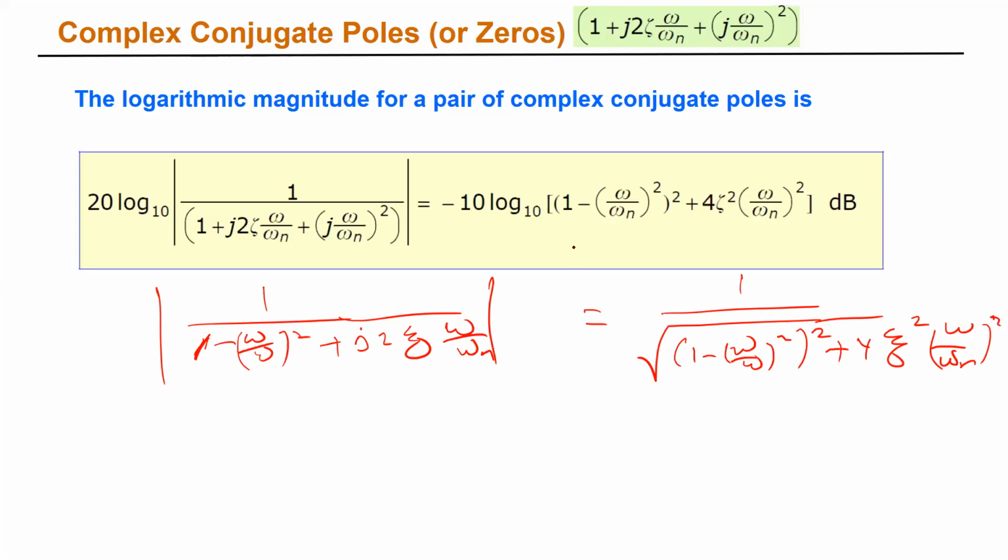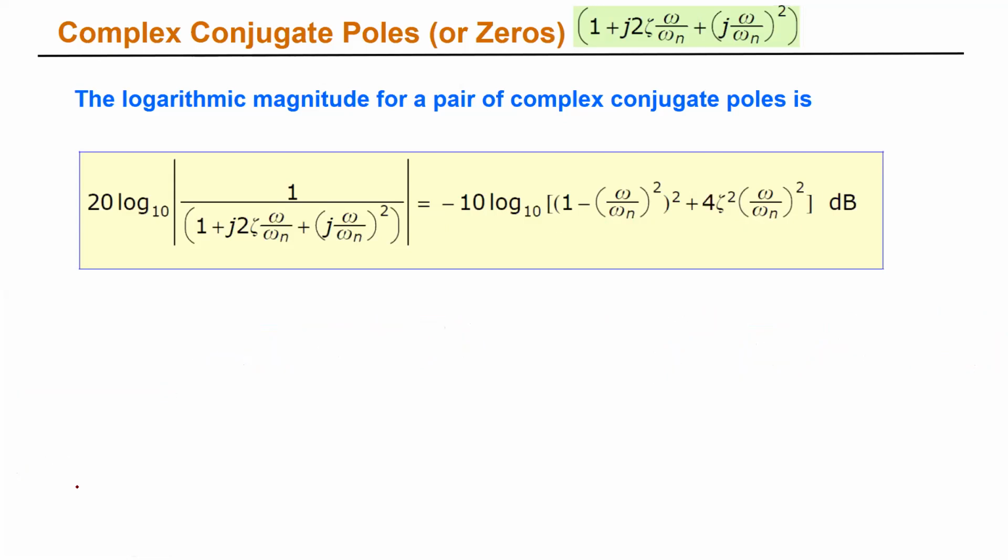This is the magnitude. So we take 20 log of the magnitude. This is in the denominator, so I'll put it in the numerator and it will be negative. If I take out the square root, it will be just this quantity. Any question here before we continue?